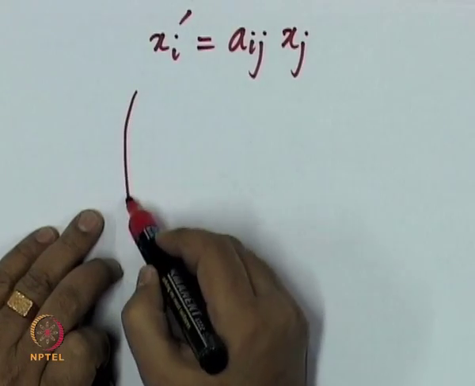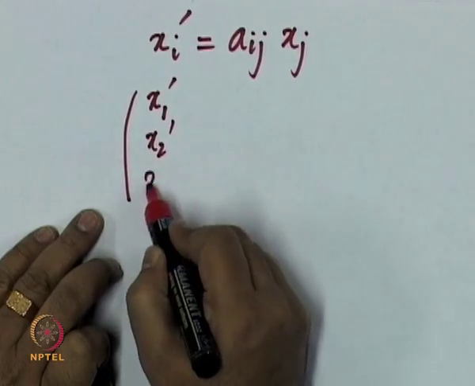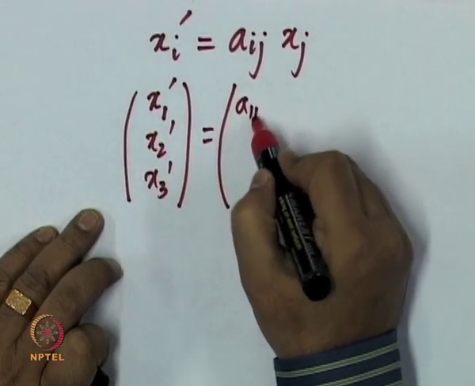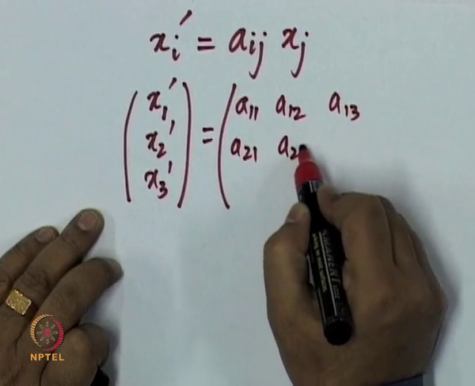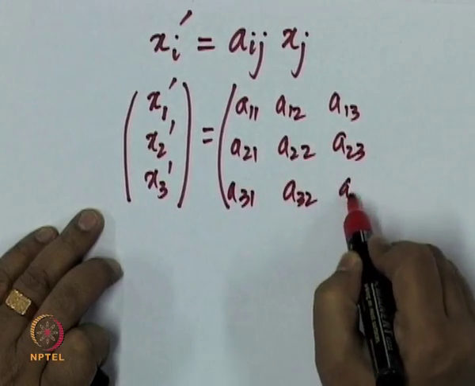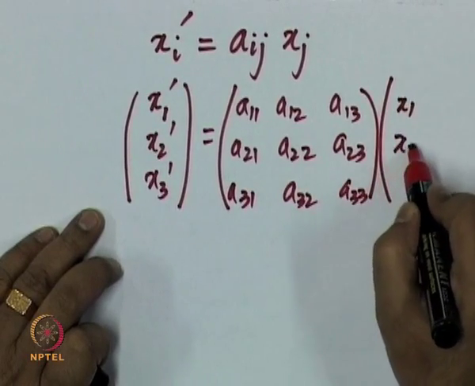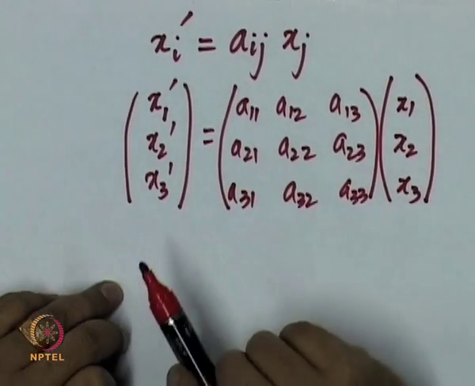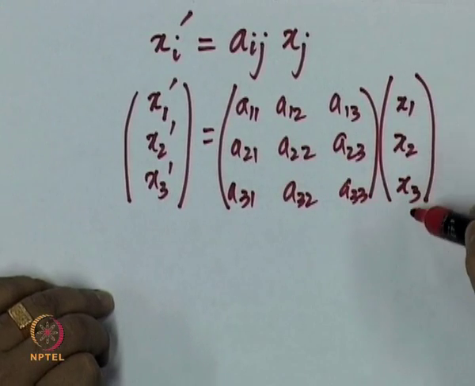In terms of matrix notation, what we are saying is that x1 prime, x2 prime, x3 prime is equal to A11, A12, A13, A21, A22, A23, A31, A32, A33, multiplying x1, x2, x3.